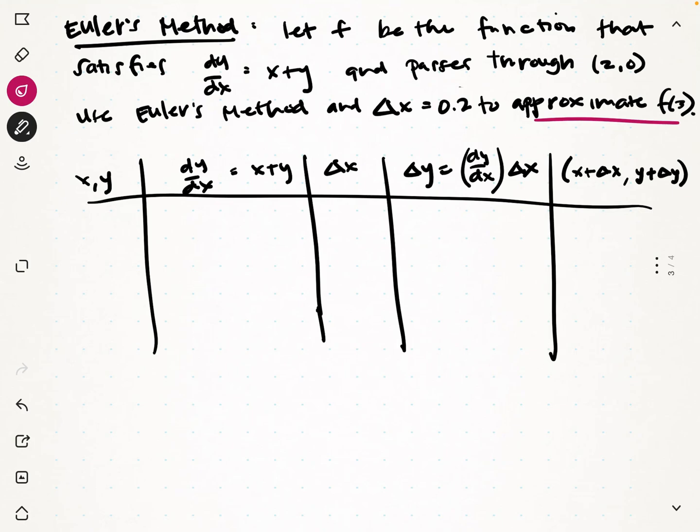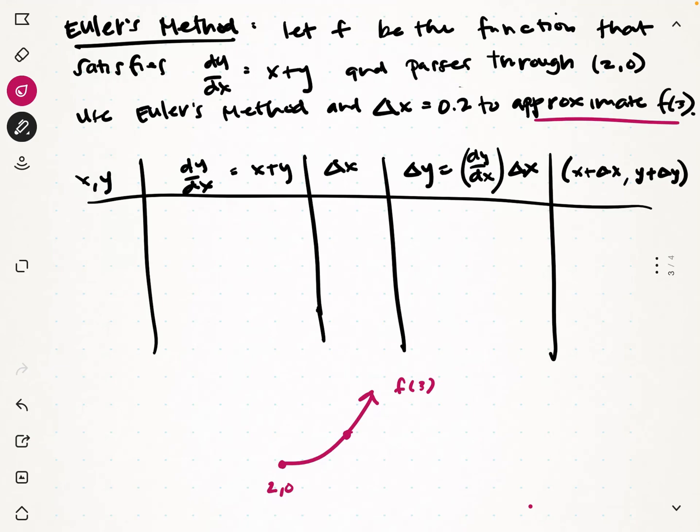Okay, so the whole idea here is it's another means of approximation. We're starting off with some line and making it ever closer to the approximate. So let's say this is what our function looks like. I don't know what our function looks like. It's saying we're starting at (2, 0), but we want to approximate this function at 3, wherever x is 3.